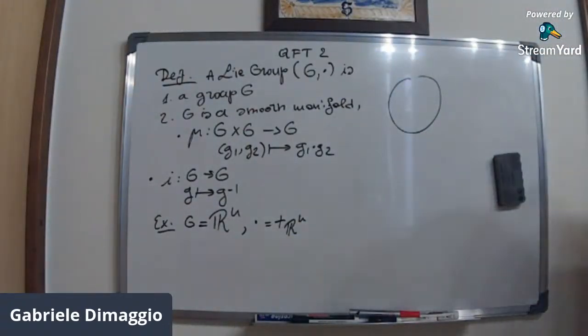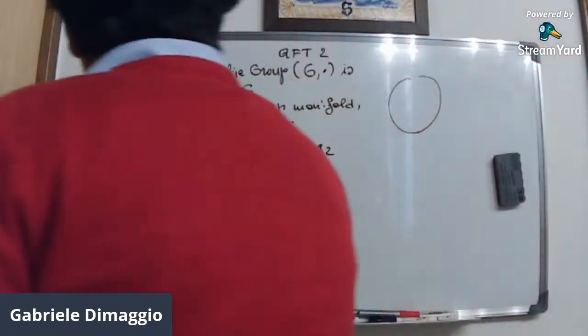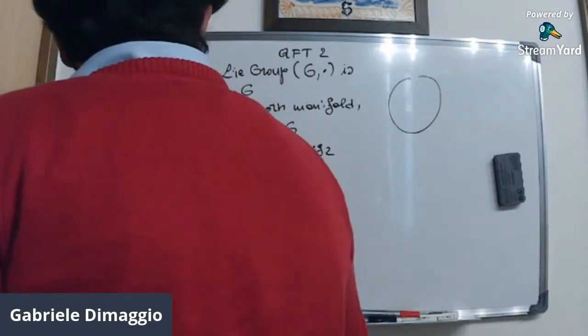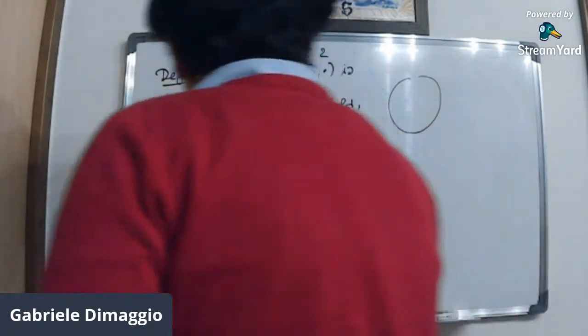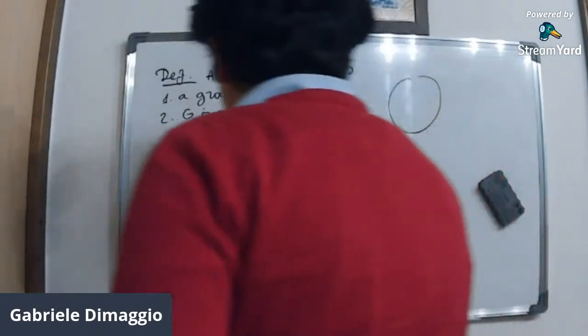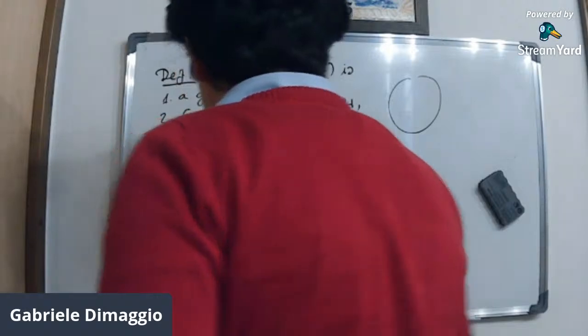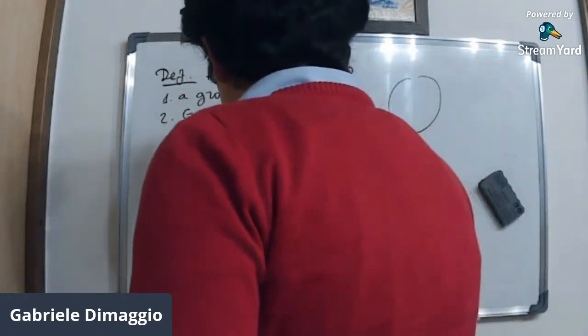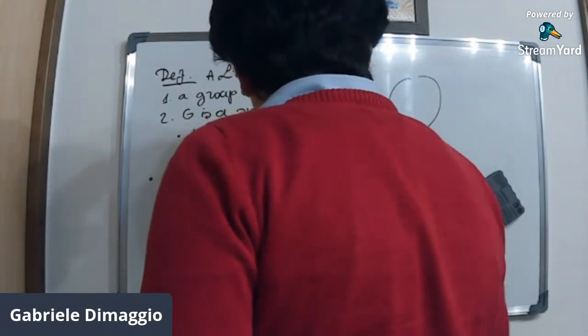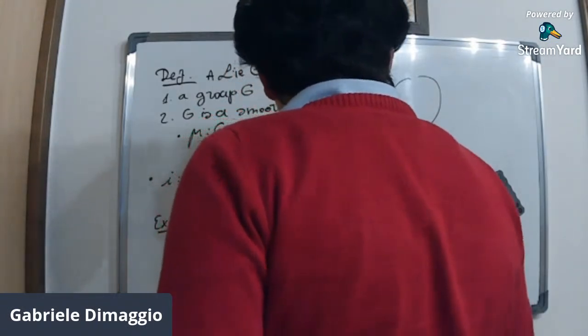So this is a Lie group, and attention please, because R^n is the translation group.